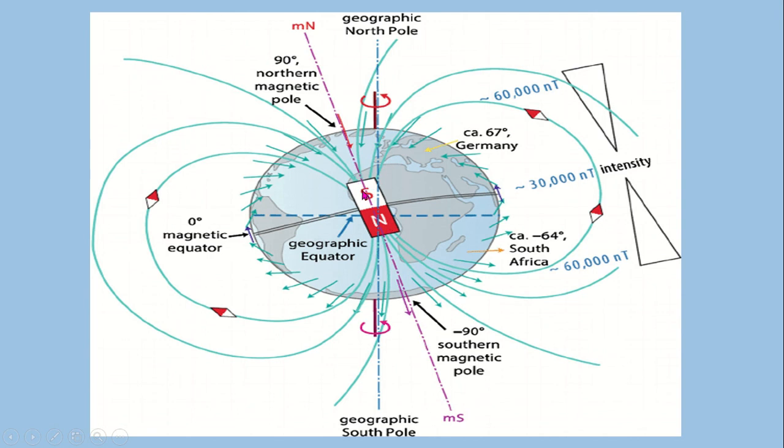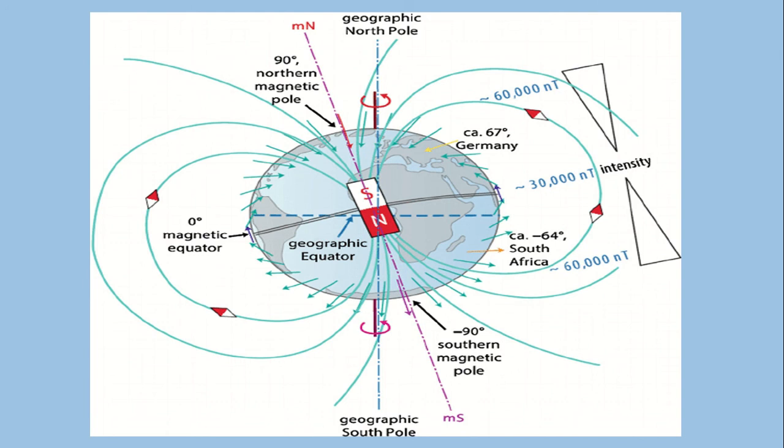But the Earth's hidden magnet's south pole is towards the geographic north pole, and its north pole is towards the geographic south pole. That's why a bar magnet always shows the direction of north and south. So look, this is the geographic north pole and this is the geographic south pole.